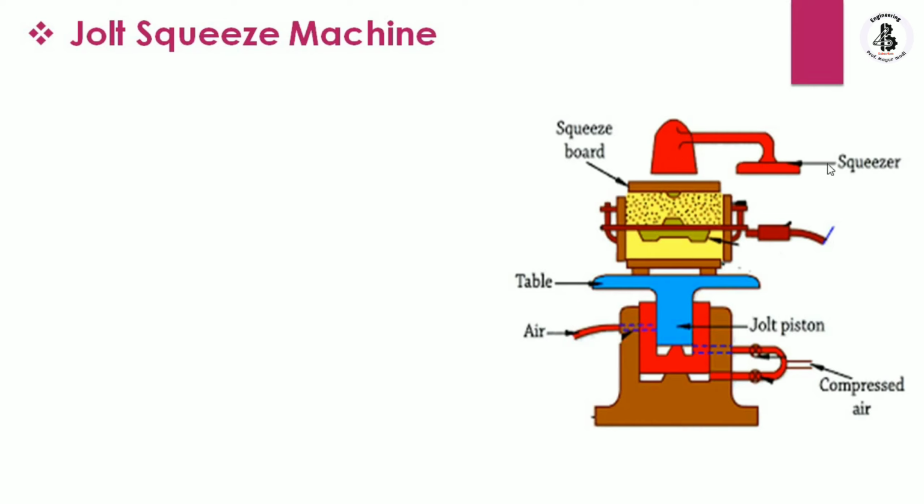The upper part is the squeezer. A squeezer plate, or you can say squeeze board, is used. So from the top side as well as the bottom side, from both sides, ramming action takes place, and it gives a good result that overcomes the problems in the jolt squeeze machines.